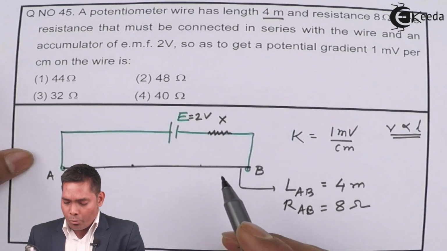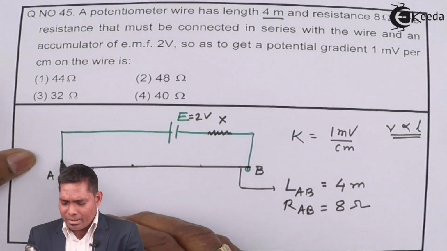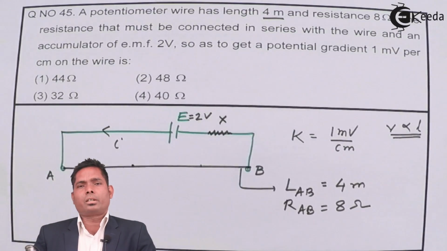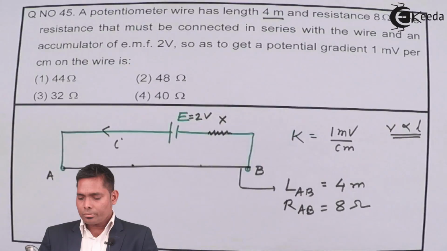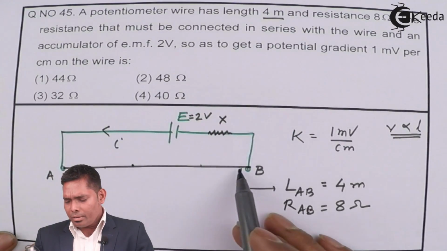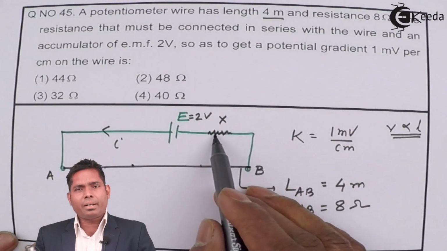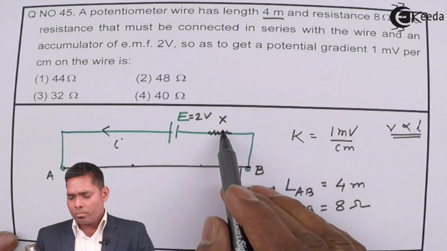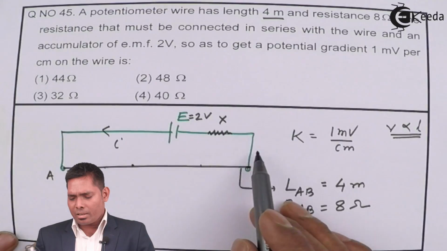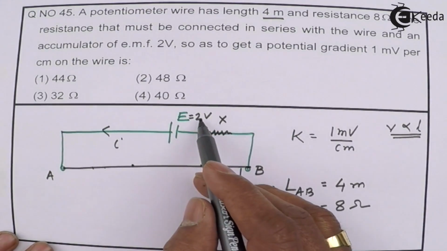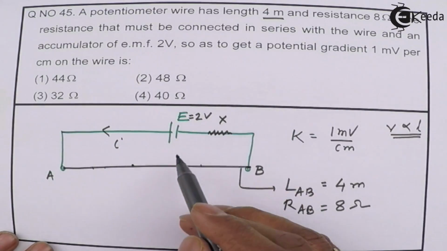For that we have to see how much current. First we have to find how much current is flowing in this circuit. This wire is having a resistance of 8 ohm. The resistance I have connected in series is X ohm. The total resistance in the circuit is 8 plus X, and the accumulator has EMF 2 volt.